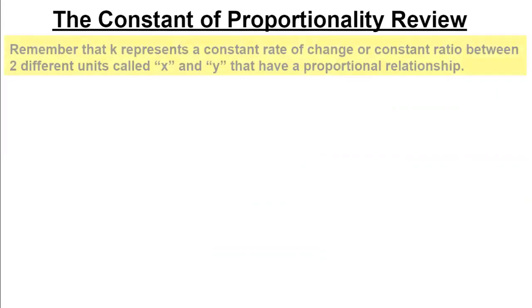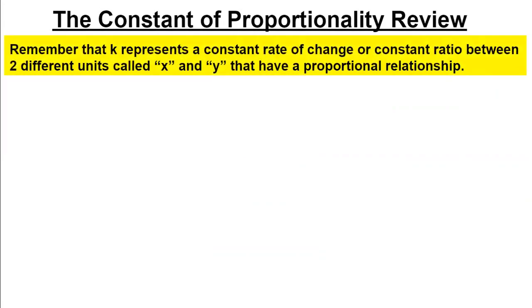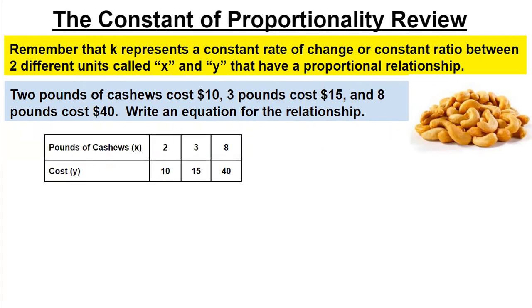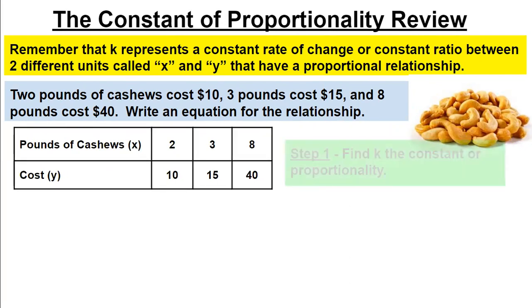So let's continue to review just another slide here. Remember that K represents a constant rate of change or constant ratio between two different units called X and Y that have a proportional relationship. So if you remember right, we had done this one. 2 pounds of cashews had cost us $10, 3 pounds had cost us $15, and 8 had cost us $40. We wrote a table for that.